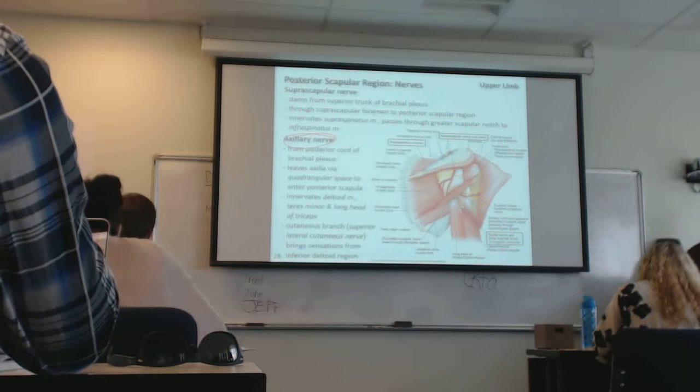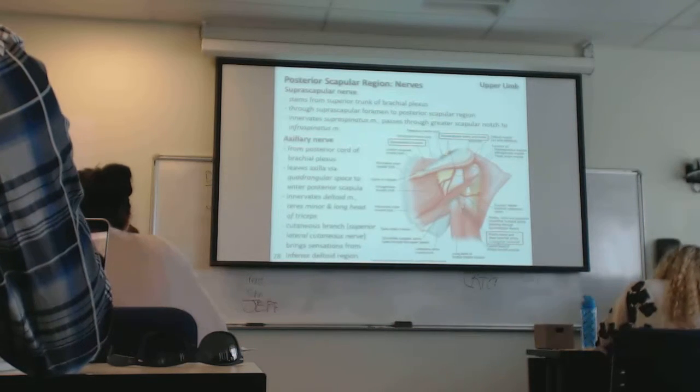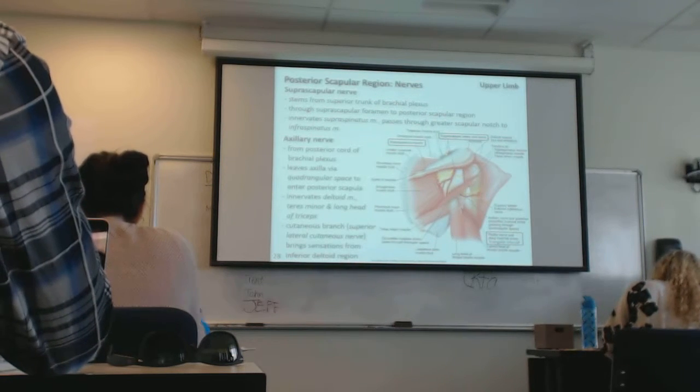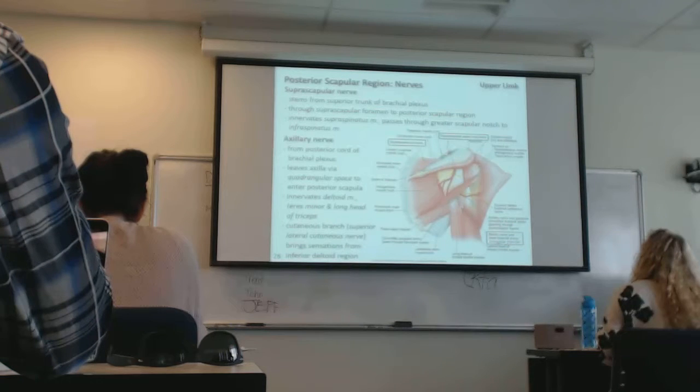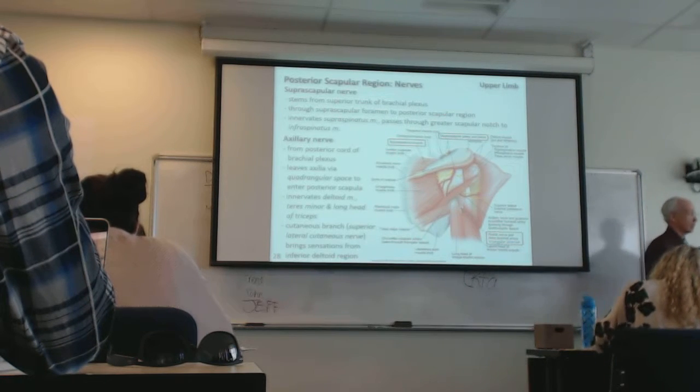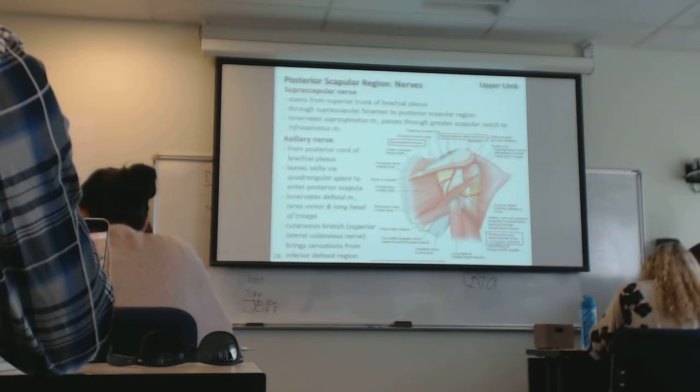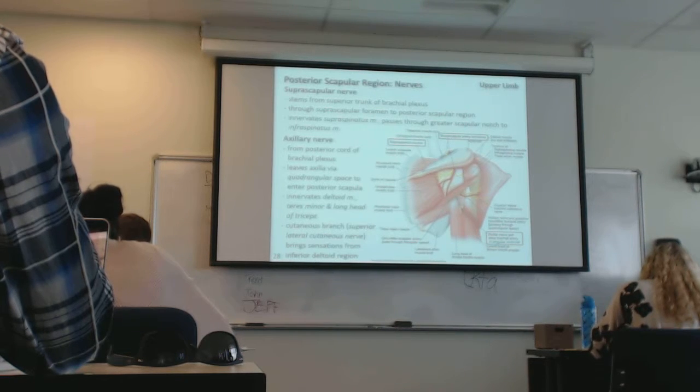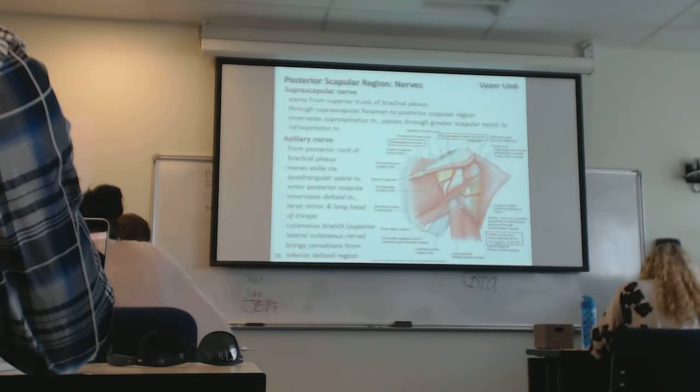And then there's a bit of a debate about the contribution of the axillary nerve to the triceps muscle. The modern contention is that the axillary nerve also innervates the motor branch of the long head of the triceps. However, in virtually every textbook, you're going to read that the triceps is innervated by what nerve? Anybody know?